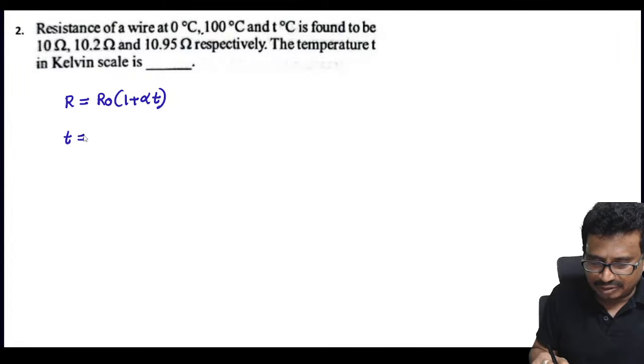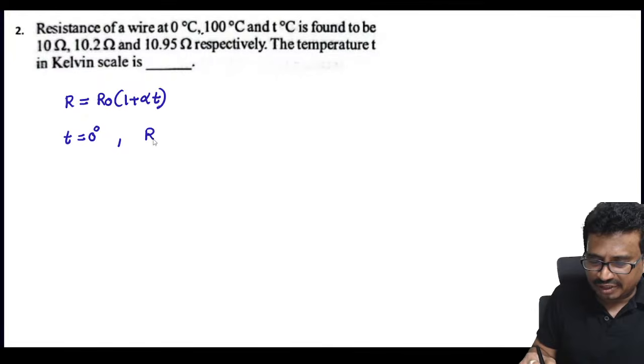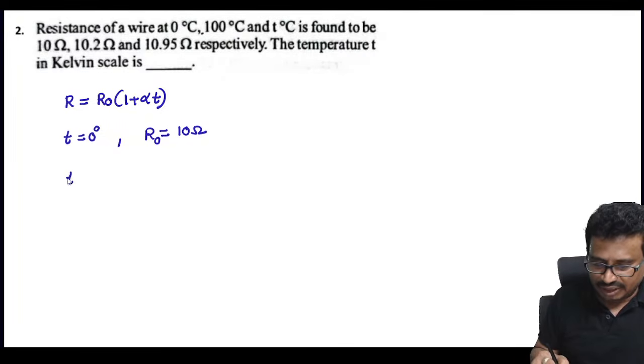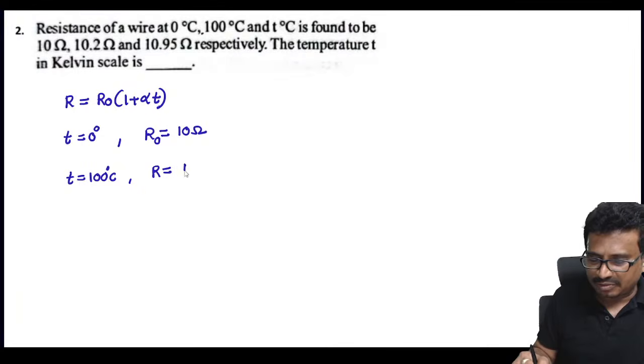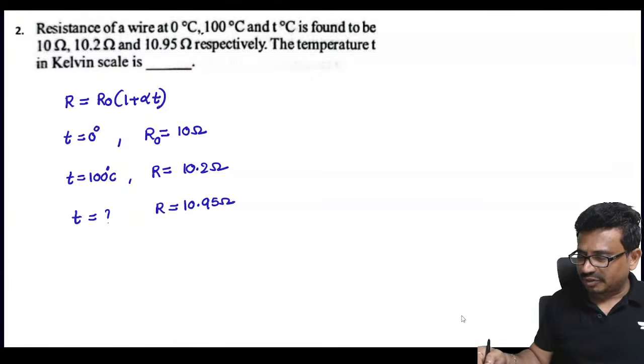At T equal to 0 degrees, the resistance given is 10 ohms. That means this is nothing but R naught. At T equal to 100 degrees Celsius, the resistance given is 10.2. Now what will be the temperature when the resistance is equal to 10.95 ohms? We'll substitute the values in the formula.